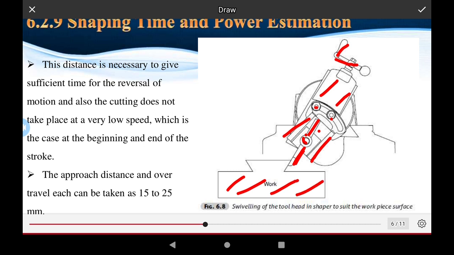Okay, this cuts the metals on the side of the machine and performs the work of the shaper machine, and the sealing of the tool head in the shaper gives the workpiece a surface finish, and power is also consumed in this operation.